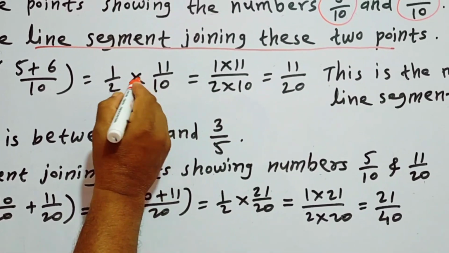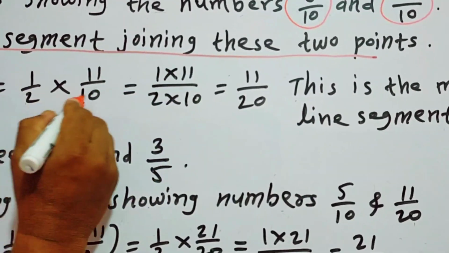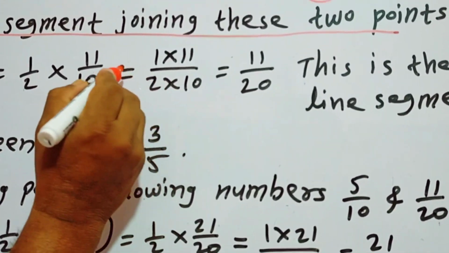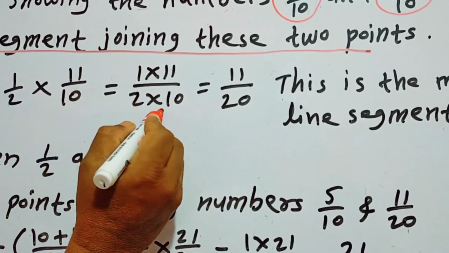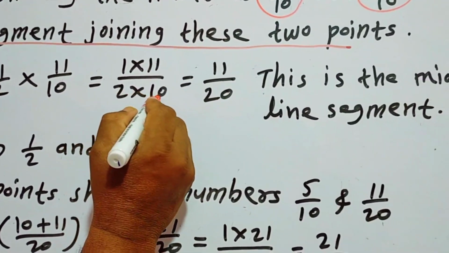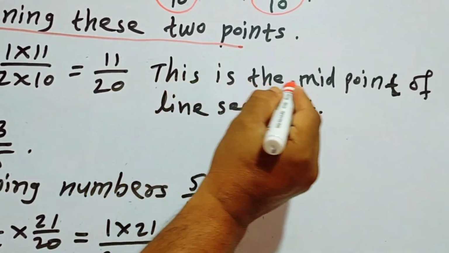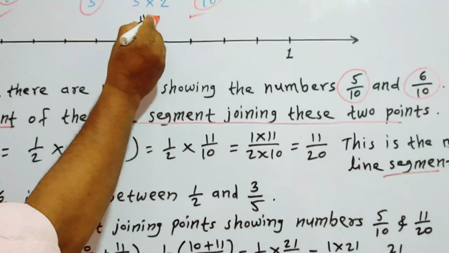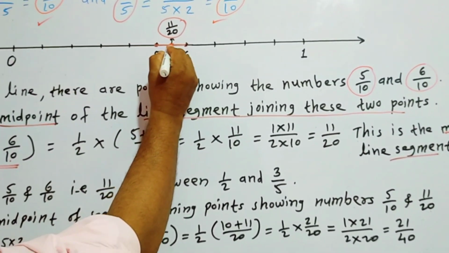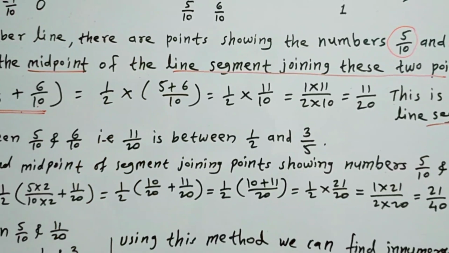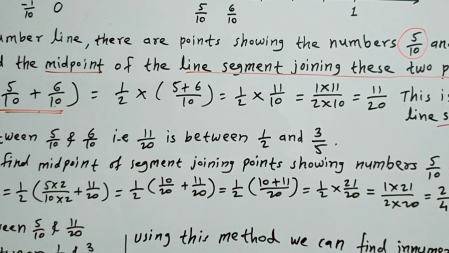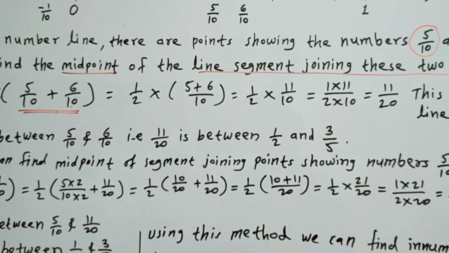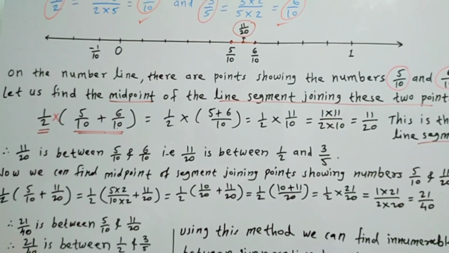Now take multiplication of numerator on numerator and denominator on denominator. 1 into 11 upon 2 into 10. 1 into 11 is 11, 2 into 10 is 20. This is the midpoint of the line segment. Means 11 upon 20 is the midpoint of 5 upon 10 and 6 upon 10.